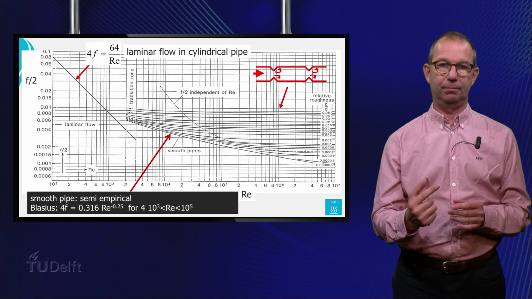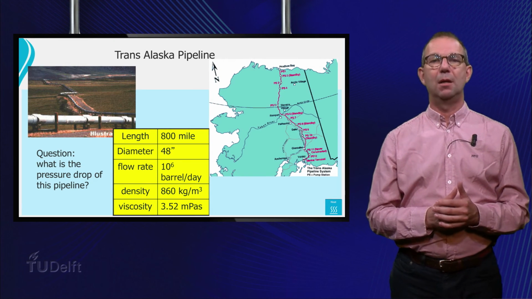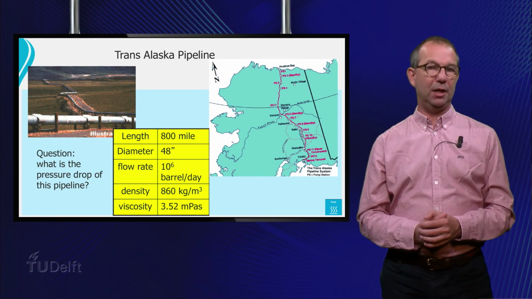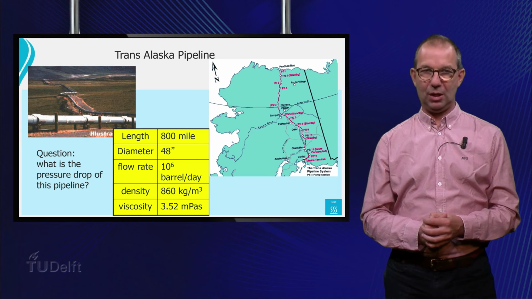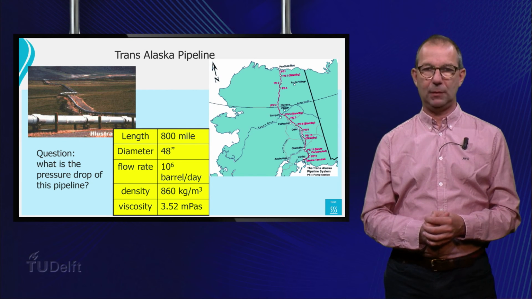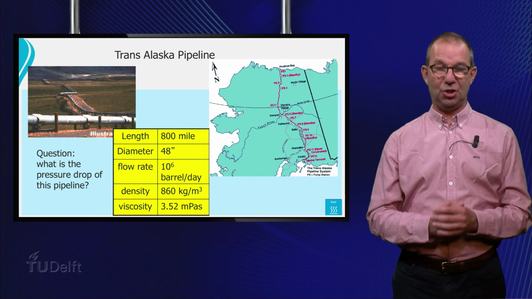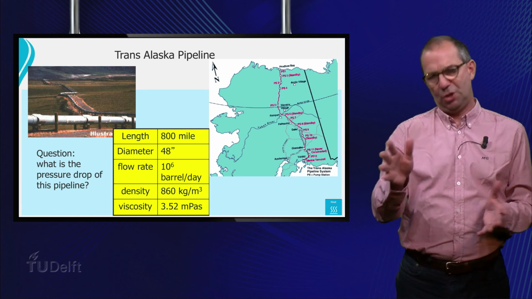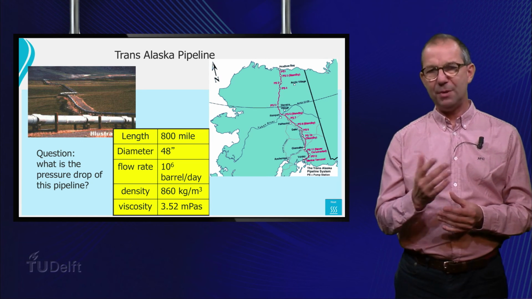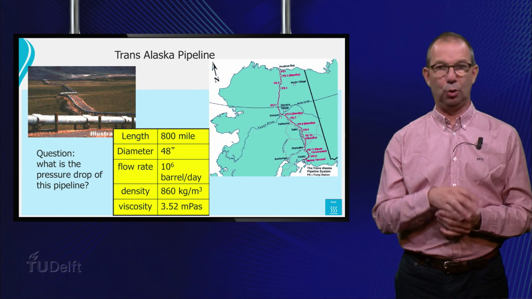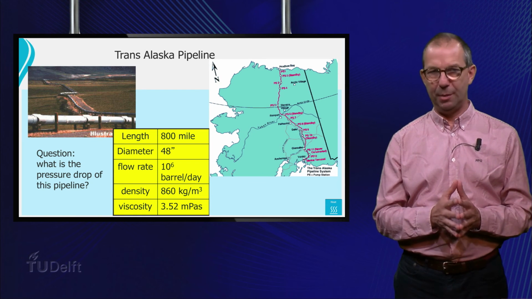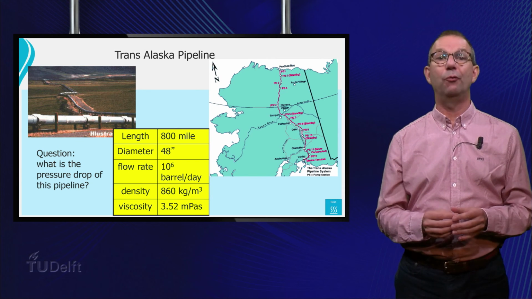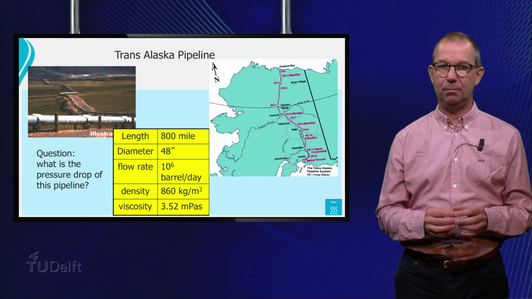Okay, now we are in the position to calculate the pressure drop over the Trans-Alaska pipeline. We're going to treat it as a straight horizontal pipe. The influence of bends is thus ignored. Our pipe is thus 800 miles long, or a little over 1300 kilometers, and has a diameter of 48 inch.